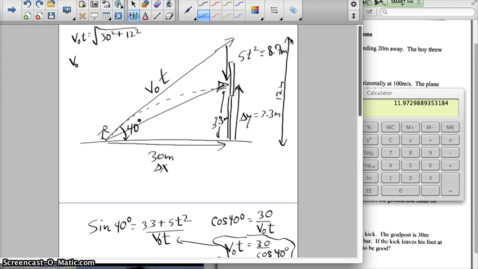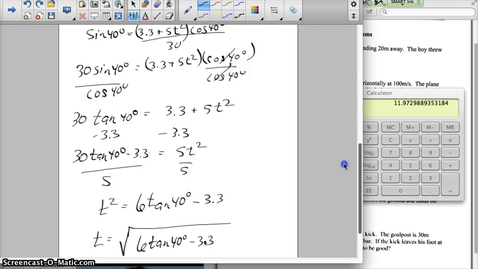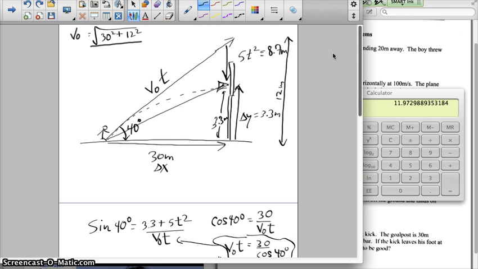So that means v naught is going to be all that divided by t, where t is 1.3. So this is all divided by 1.3.